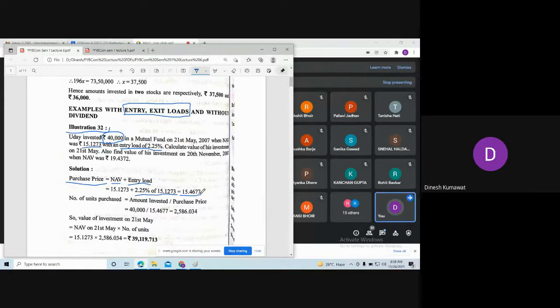You can put your answers in the chat box. Dhananjay is getting the same. What about others? Are others calculating or not?